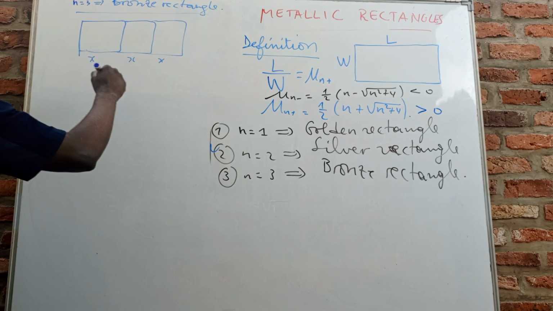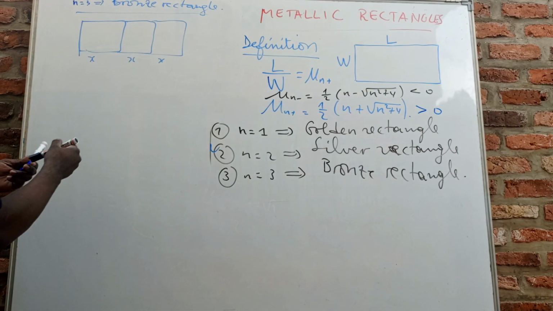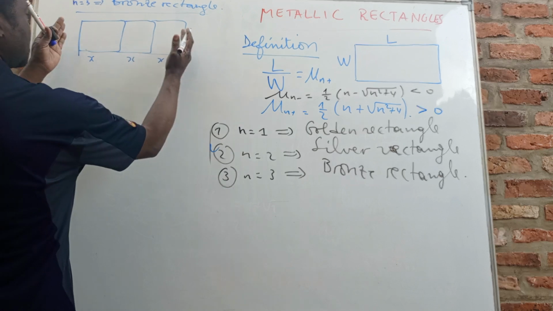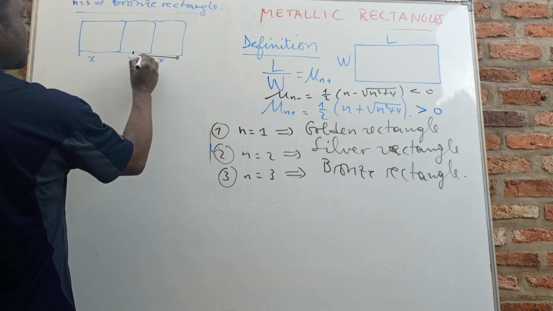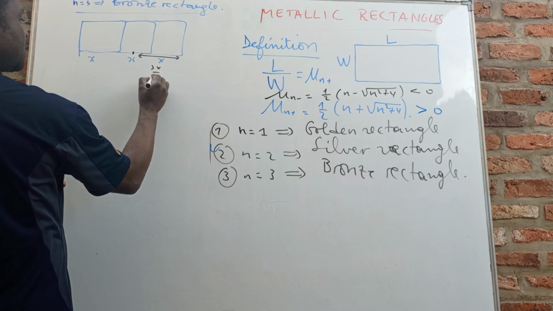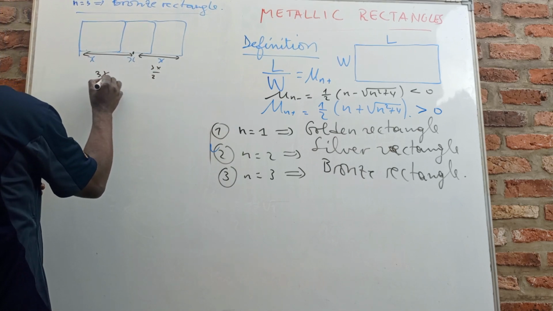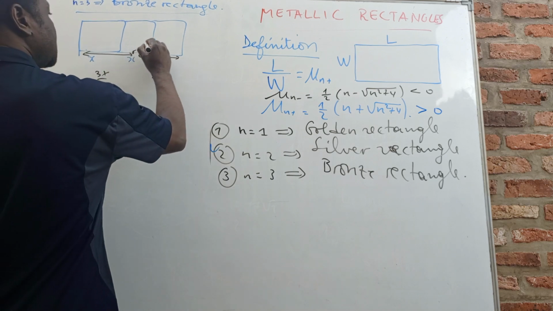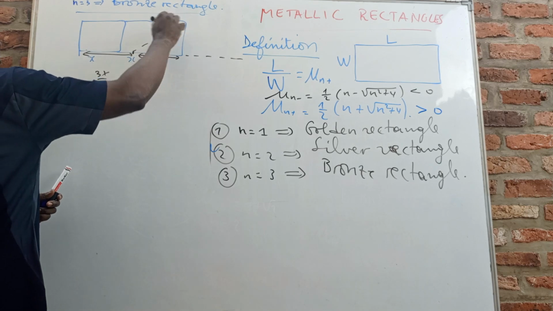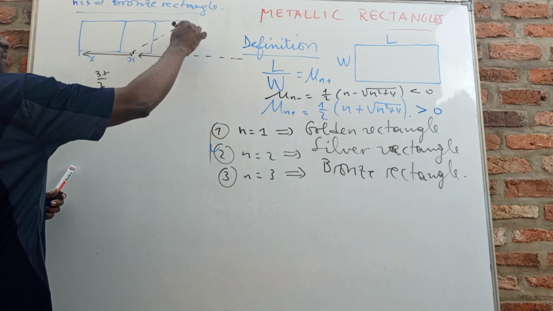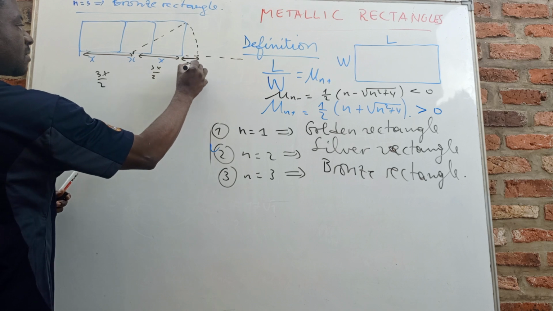In order to get the length, we can project, take half of this, half is somewhere here, so this is 3x over 2, this is 3x over 2, and then we project this one here. You are going to make a circle with center here, and where it falls, let us call it Z.